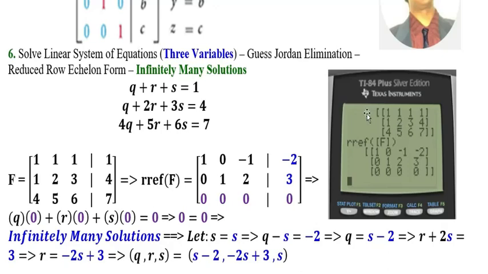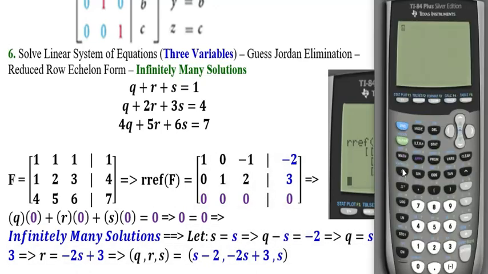And here is the matrix F: 1 1 4, 1 2 5, 1 3 6, augmented with 1 4 7. And when we do RREF F, we get 1 0 0, 0 1 0, minus 1 2 0, minus 2 3 0.